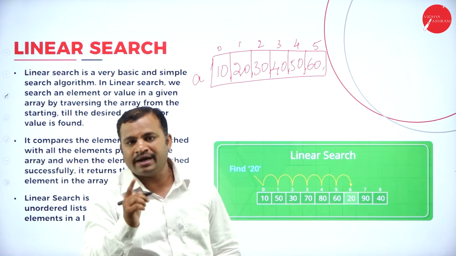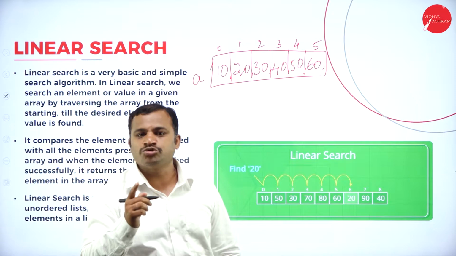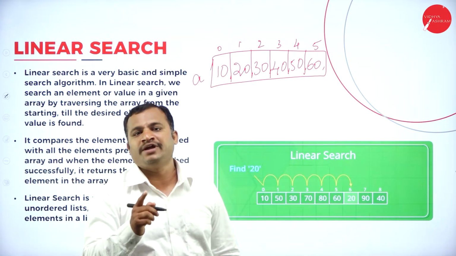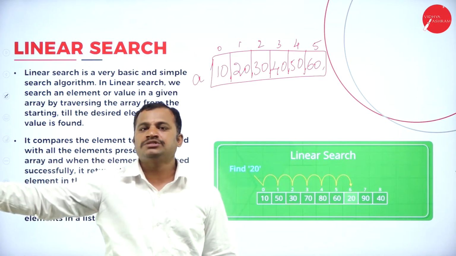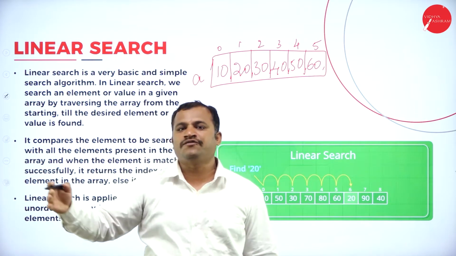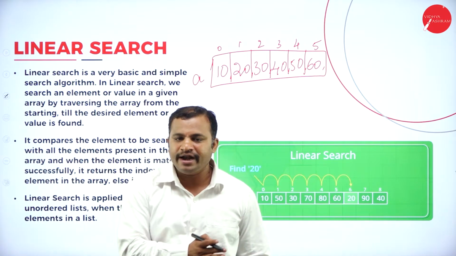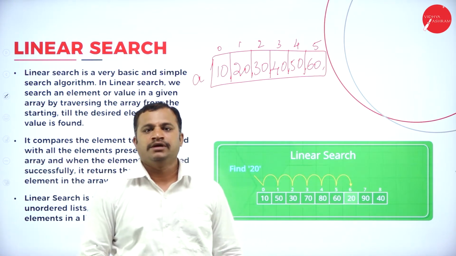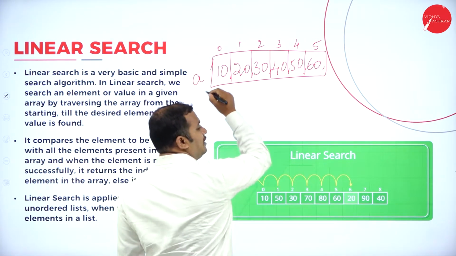But the only criteria, the only desired requirement is to have the similar type of data items. Whether every data item is of type integer, or every data item is of type floating point, every data item is of type character. Now in this case, I have data items of type integer.